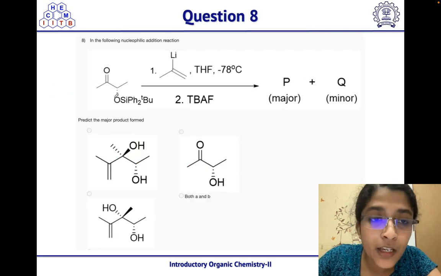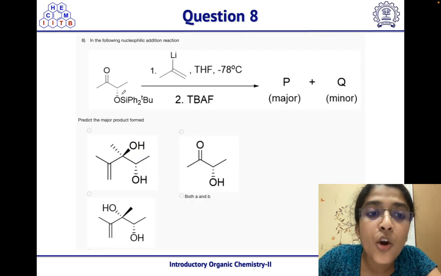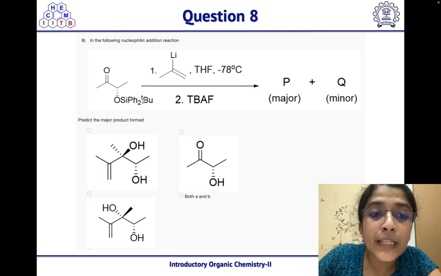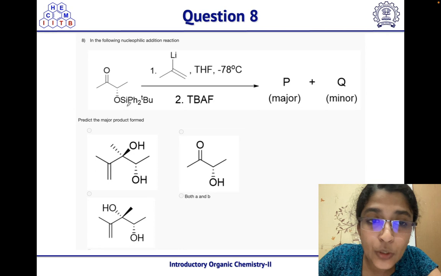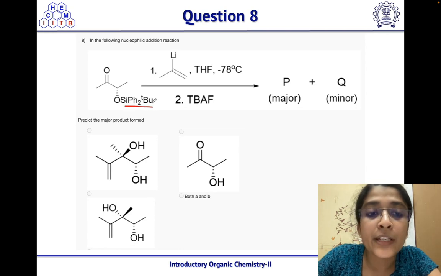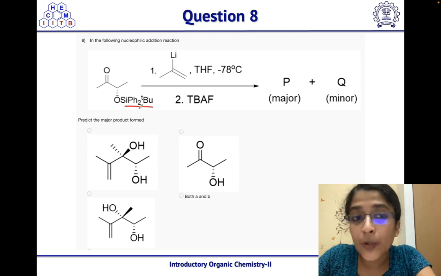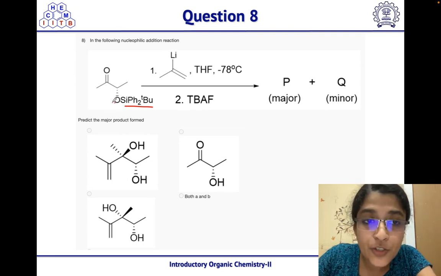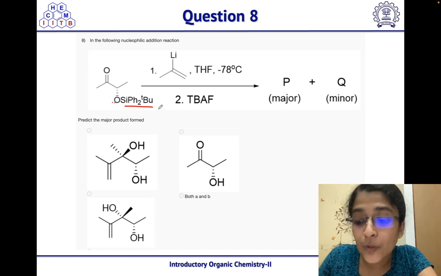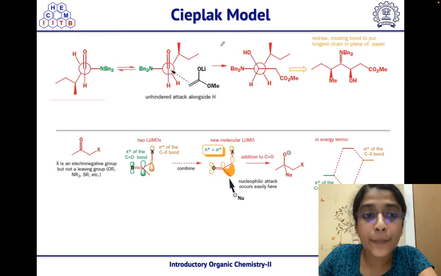Here, as we can see, this is the OTBDPS group, a protecting group, tert-butyldiphenylsilyl. This TBDPS is an electronegative protecting group. Lone pairs of electrons are present on this oxygen, so this group should be written perpendicular to the carbonyl group according to the Cieplak model.